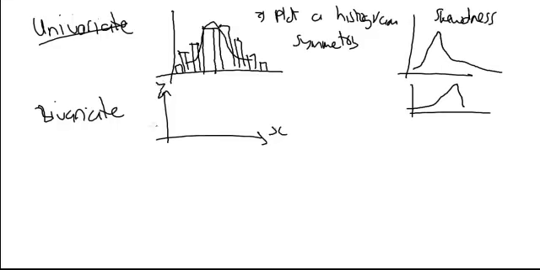So if our two data items are x and y, we can look to see whether there's any pattern. So it could be something like this, and there we just say there's no pattern, or no correlation.